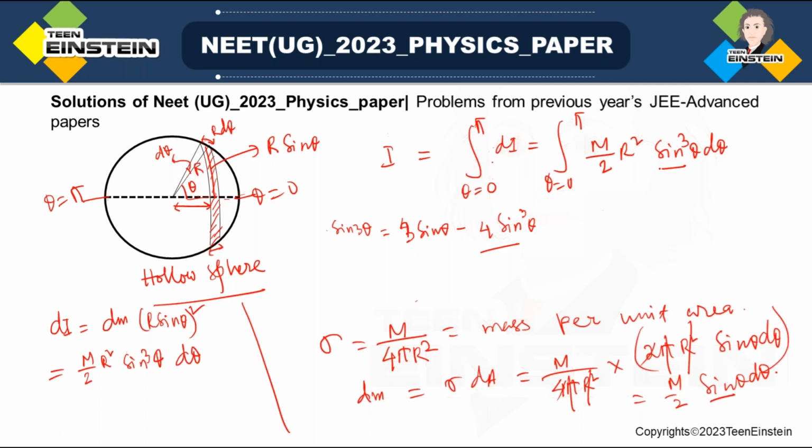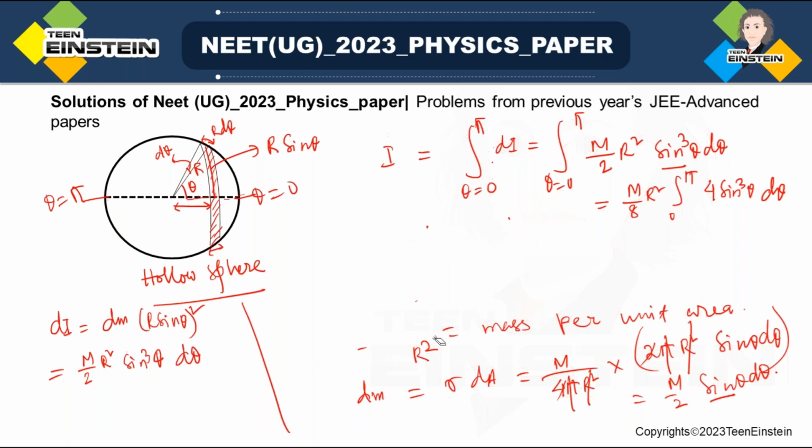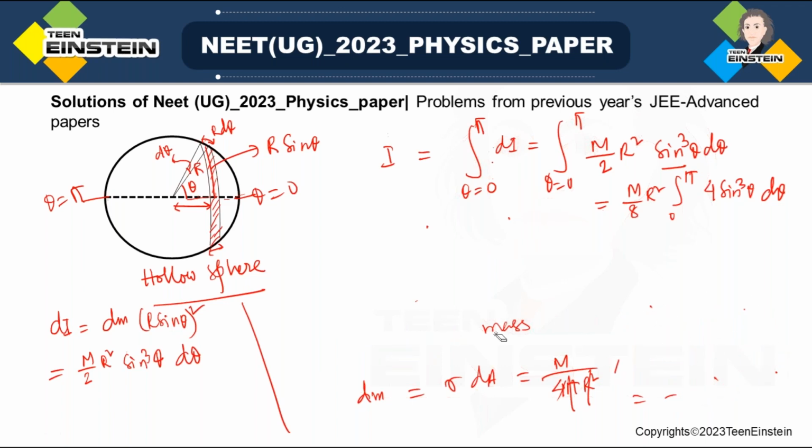Here we can multiply by 4, so m by 8 r square, integral 0 to pi, and here it will be 4 sine cube theta d theta. Using this identity, we write it over here and try to do the integration part.